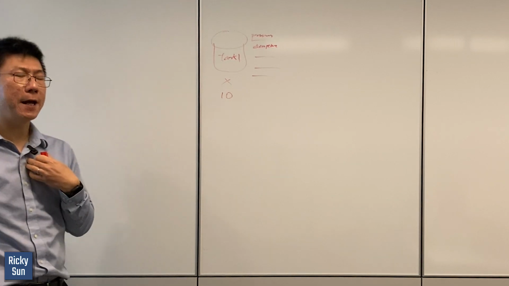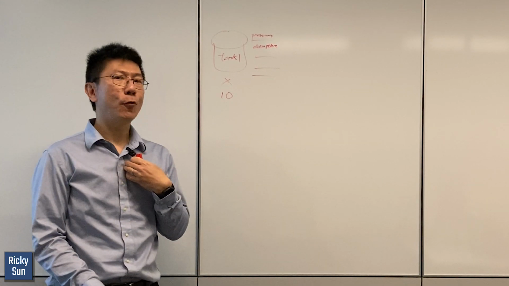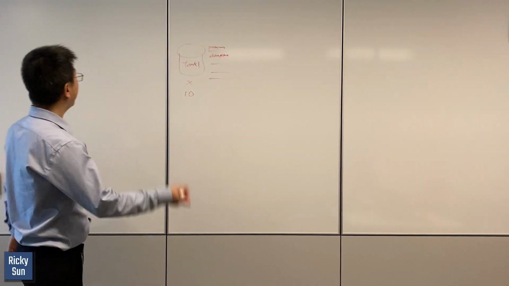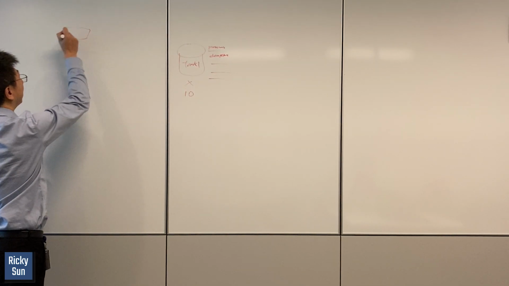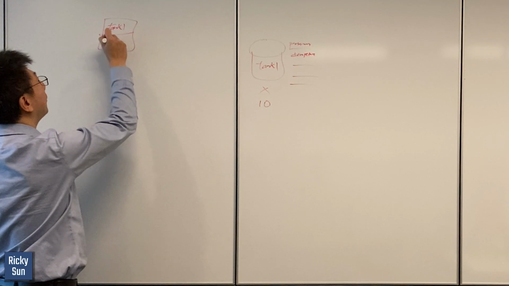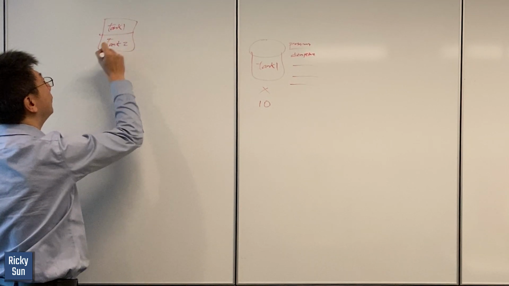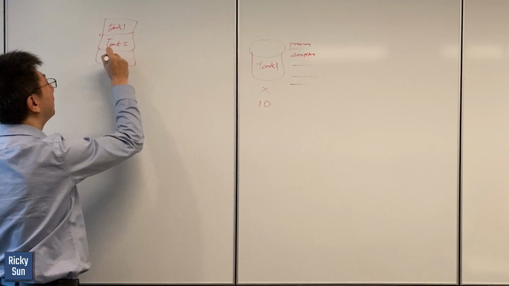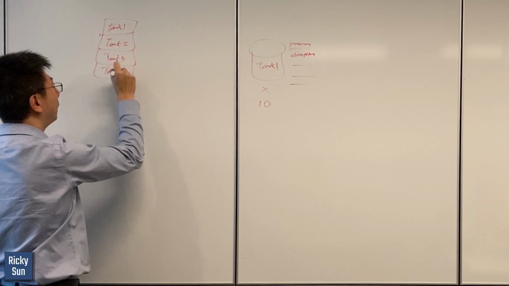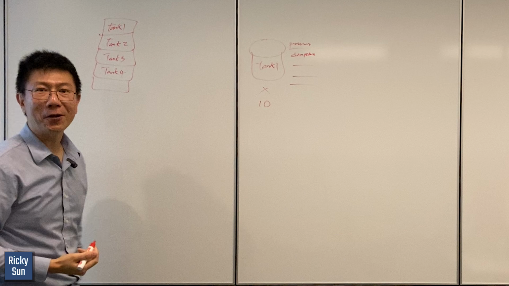If I create without the template, then I would have to go here and say tank 1, and then I create another one called tank 2, and then tank 3, and then another one called tank 4. There's a lot of clicks, right?